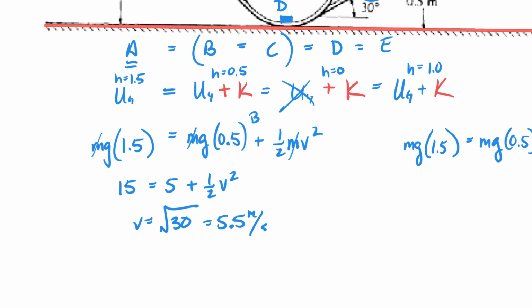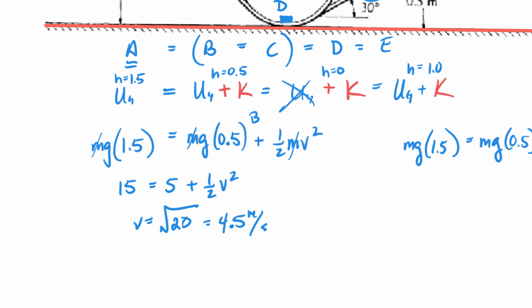No, square root of 20. What am I doing, Mr. Shelton? You should expect better of your leaders. That's 20, and that's 4.5. There we go. Now I'm doing math better. 15 minus 5 is 10. 10 times 2 is 20. All good?